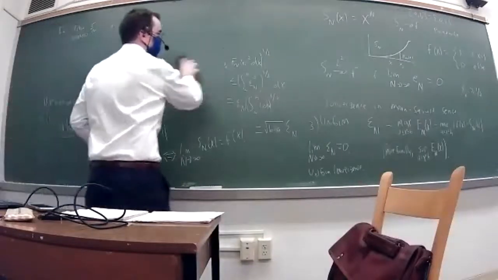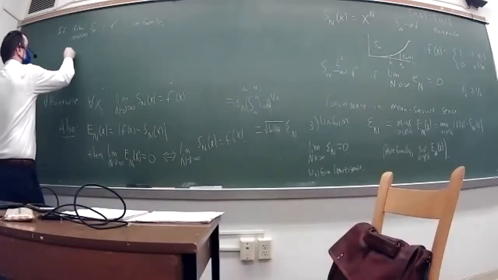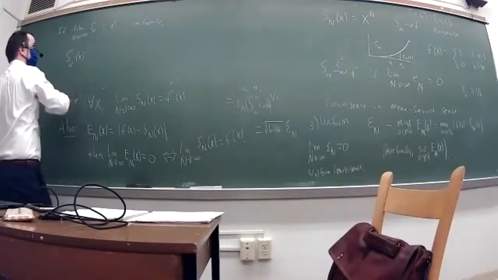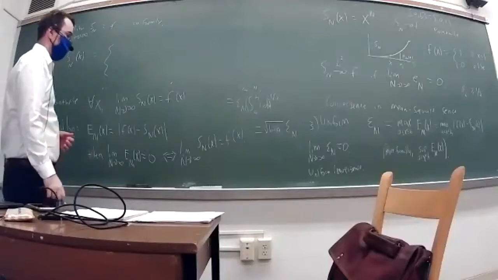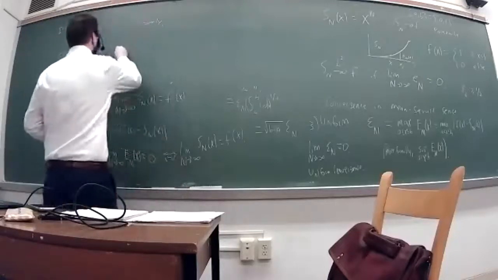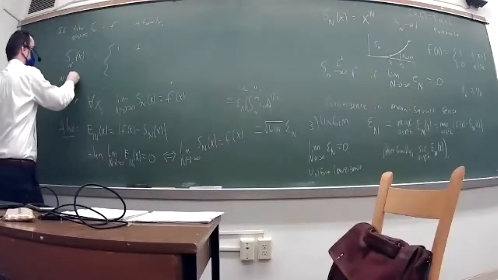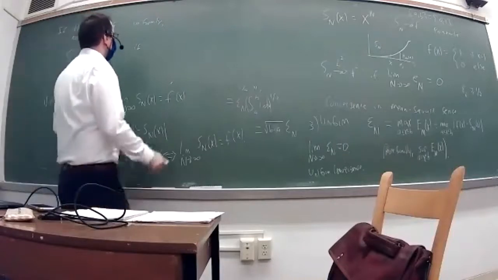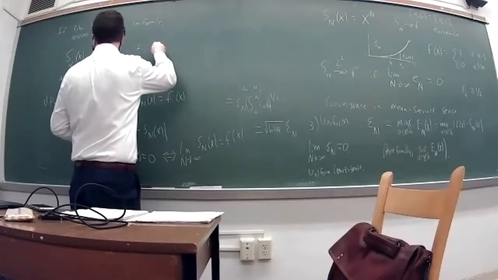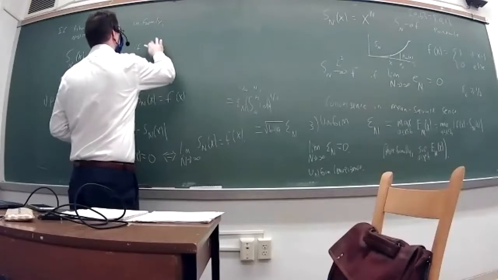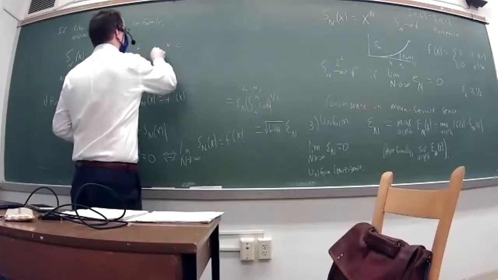I'll give you another example that I like to clarify the other difference, which is take S_n of x to be the following function. I'll define this for n bigger than or equal to 2. So what are my ranges for x?